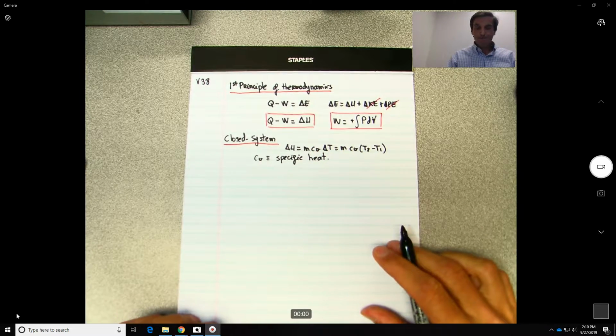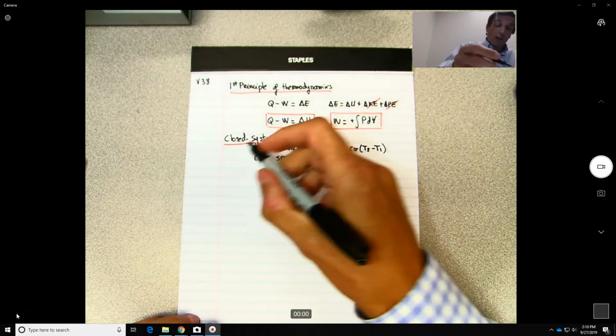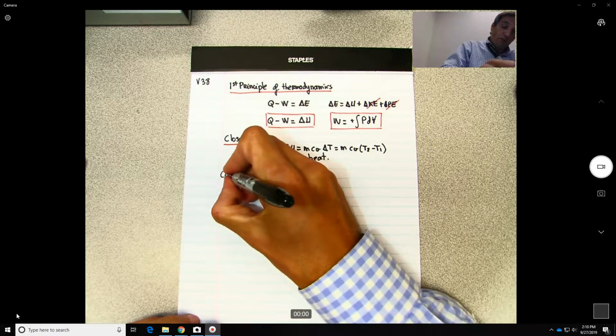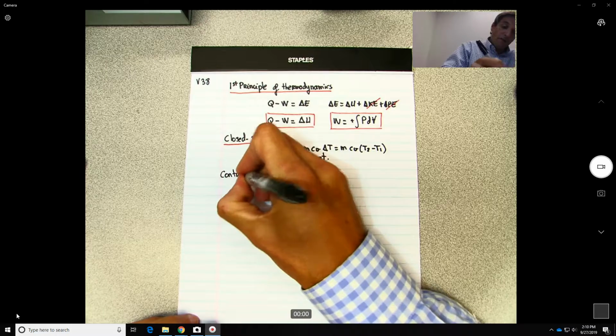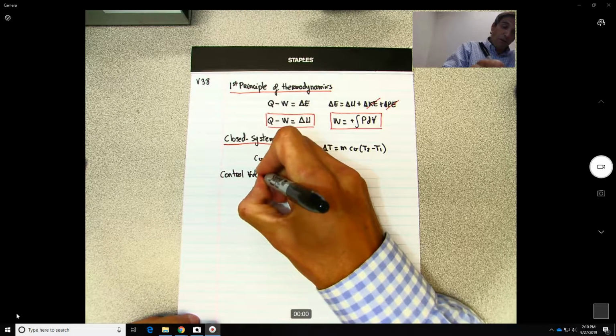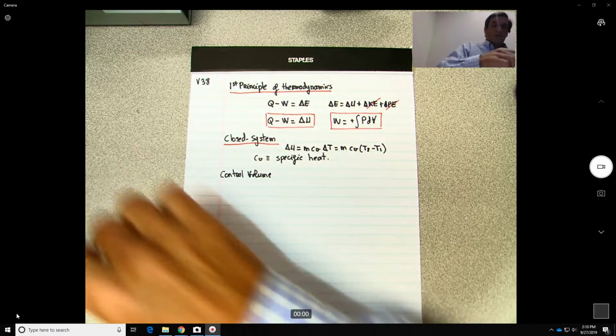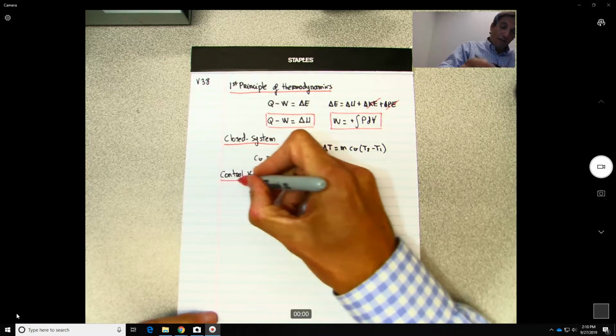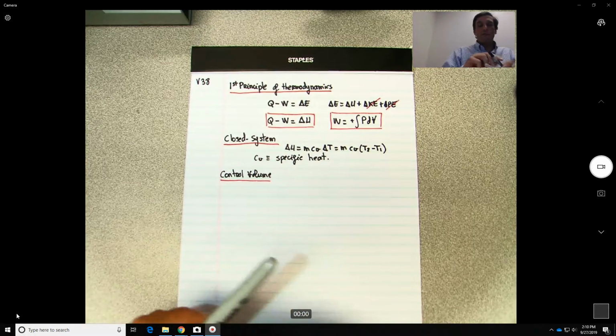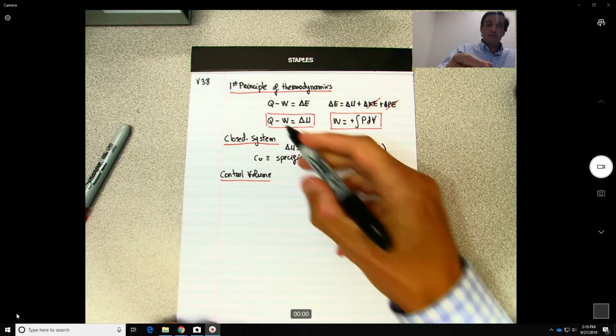Alright. So now what I want to add is that for a control volume, we rewrote the first principle of thermodynamics, but this time as a function of time.